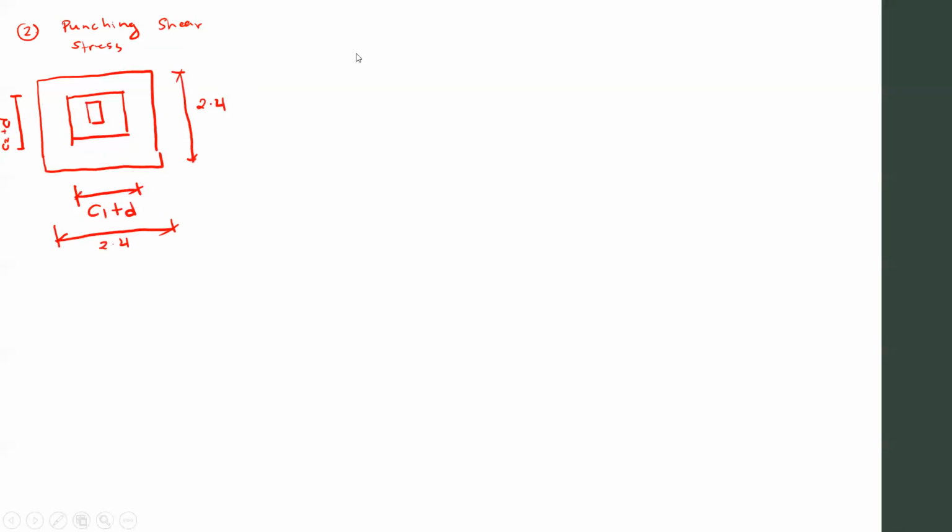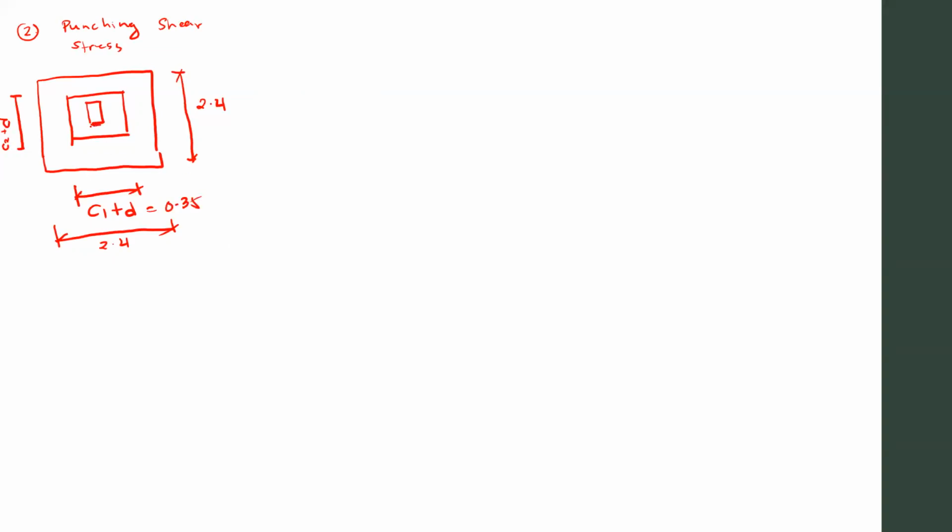Okay. Then ang tendency, this will tear apart. So yung mapapunch siya eh, parang puncher. Kung i-consider mo siya as puncher, yung itong inside is mapapunch out. Maiiwan yung itong nasa labas. Okay, then so let us determine muna yung C1 plus D and C2 plus D. Okay. Yung C1 plus D, that is 0.35 meters.